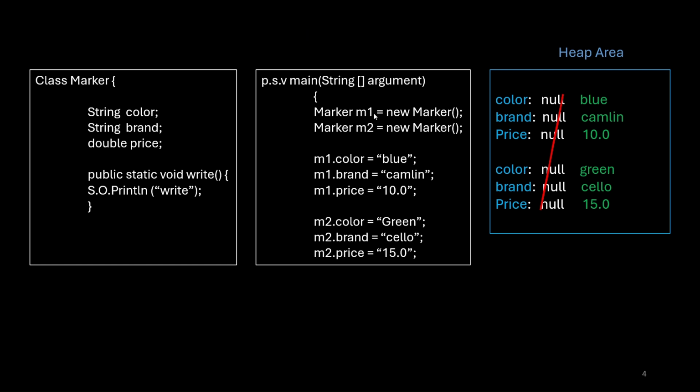So I hope you understand object creation, the object loading process, and the heap area. Also, we have some points, like here we didn't mention the this keyword, so let me explain what the this keyword is.